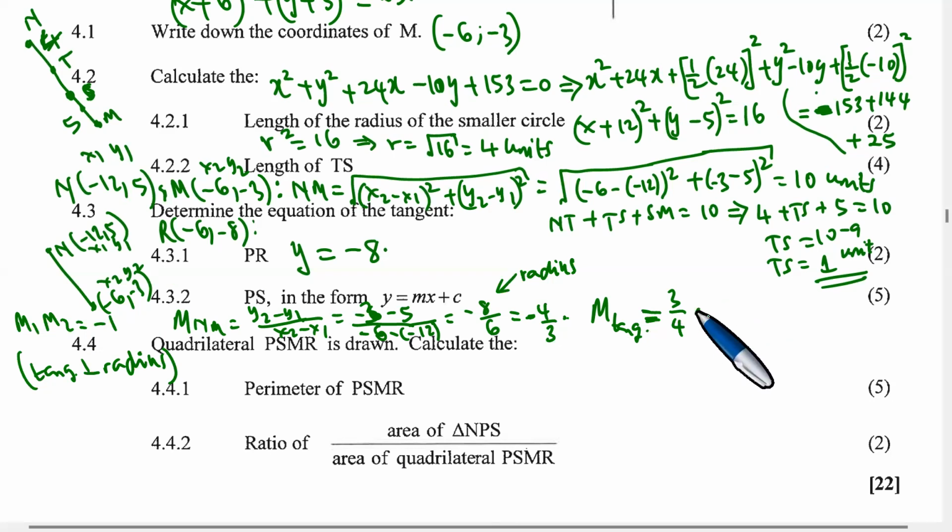In the end, what you're getting here is y minus y1 is equal to m into x minus x1.